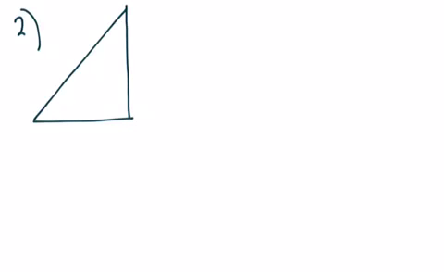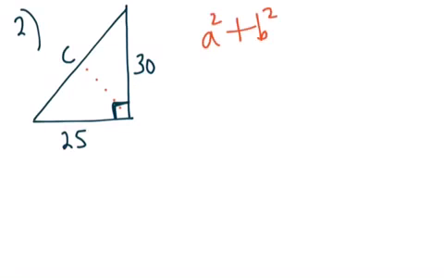Number 2 shows a young man that's flying a kite, and it tells you this is C, this is 30, this is 25. So they have stuck to the pattern of C is the hypotenuse because it's opposite the right angle. So Pythagorean theorem is a squared plus b squared equals c squared. I can let 25 or 30 be a, it doesn't matter.